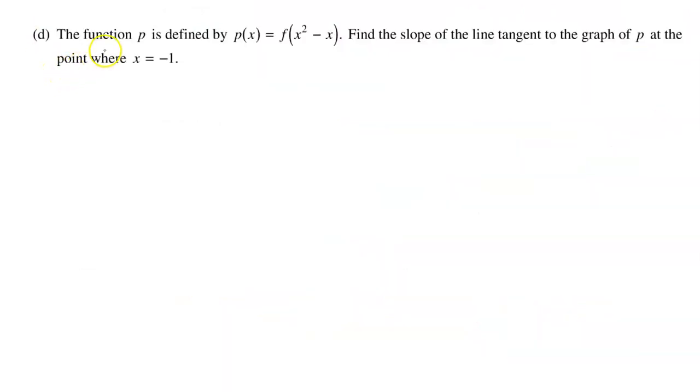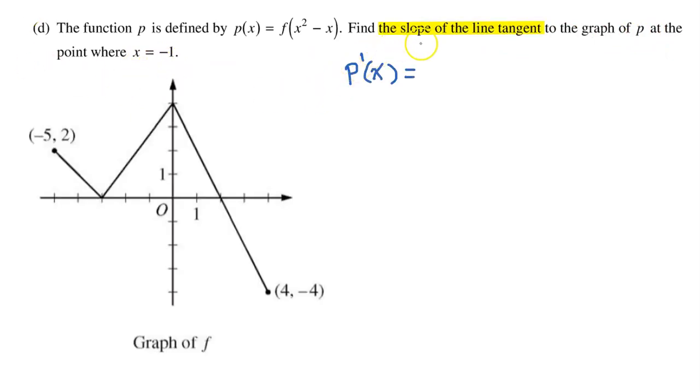Part D, the function p is defined by p of x equals f at x squared minus x. Find the slope of the line tangent to the graph of p at the point where x is equal to -1. Saying the slope of the tangent line is a long way of saying the derivative. So let's find p prime of x.